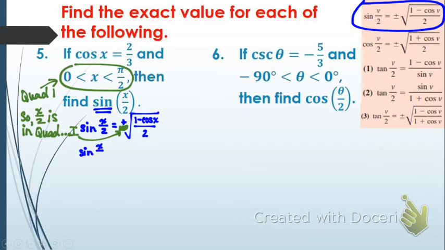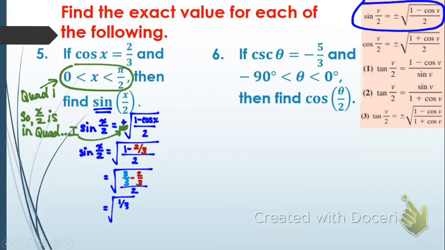So sine of x over 2 is equal to the positive square root of 1 minus what? 2 over 3, all over 2, because that's part of my formula. So I have 3 over 3 minus 2 over 3, all over 2, right? So how does my numerator simplify then? 1 over 3.